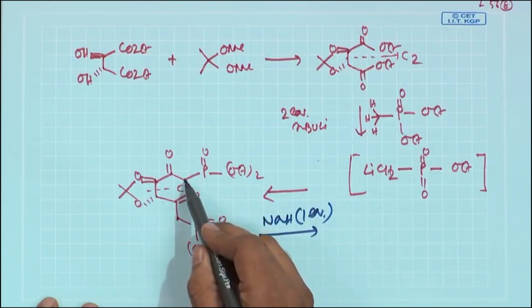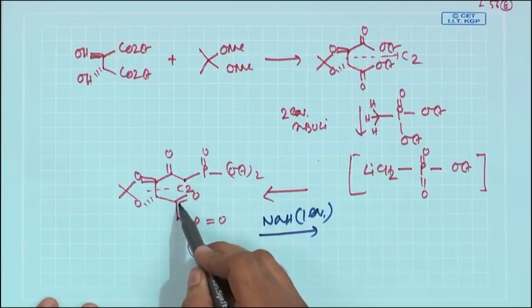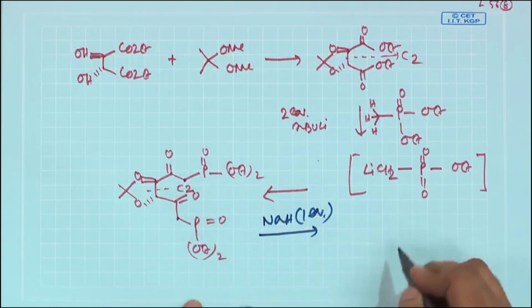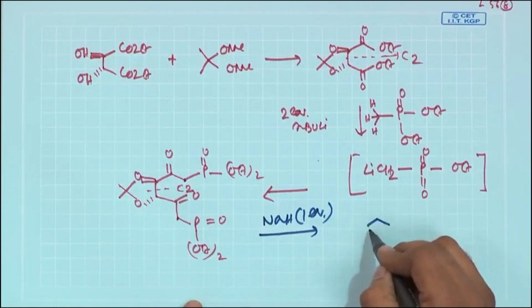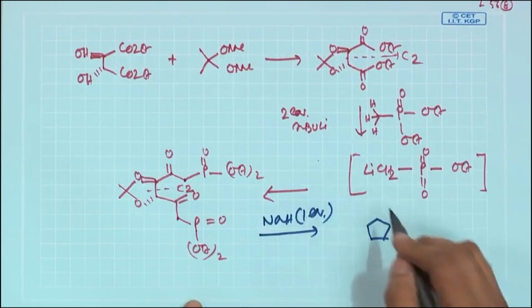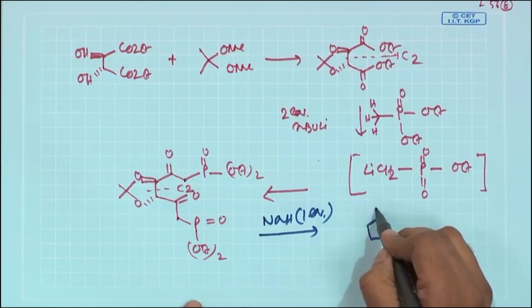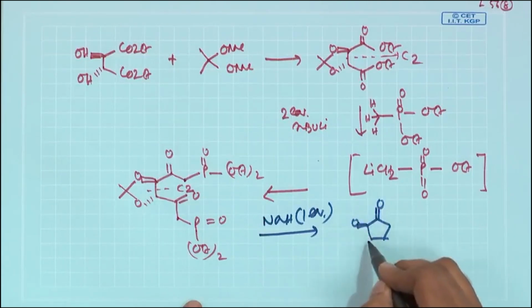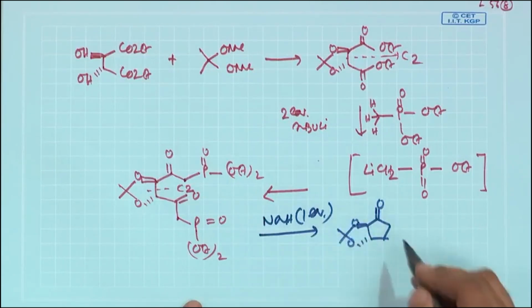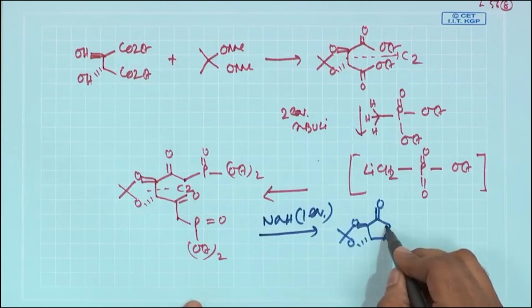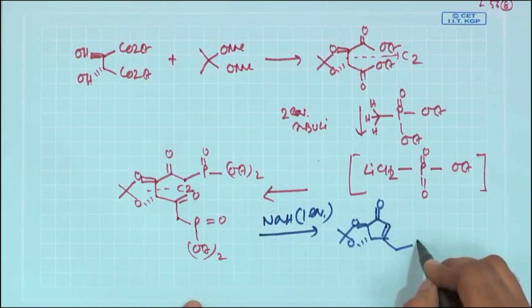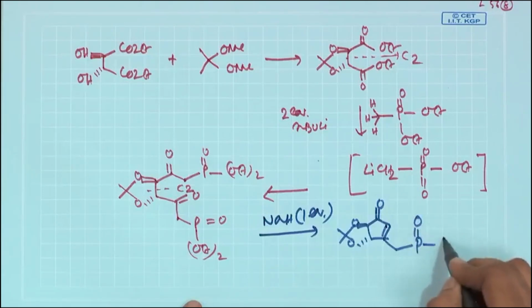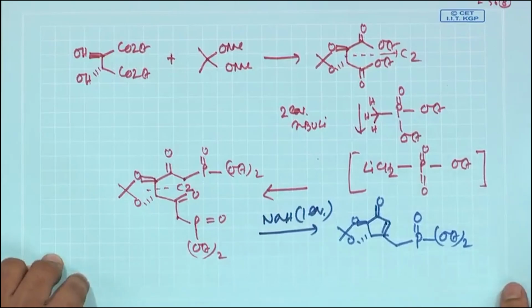Now, this carbanion can react intramolecularly with this carbonyl compound, and then initially you get this part, your acetonide is here, and you get this double bond here, then your CH2 P double bond O, OEt whole twice is there. So, those are the simple FGI, but the visualization was very important.